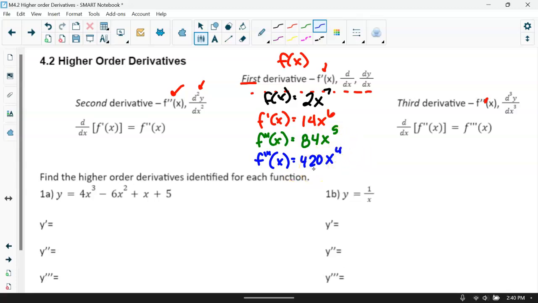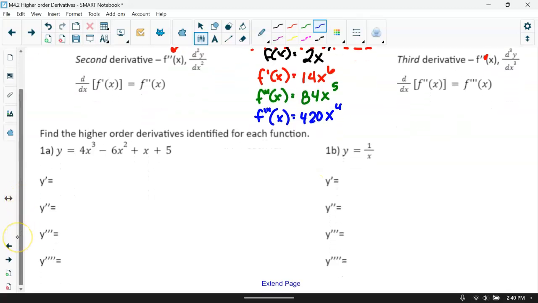So this is our higher order derivatives, where you start with the original and just keep on going. Here, just to practice, it's the same rules. If we're adding and subtracting and finding the higher order derivatives of these functions, we take each of our terms one at a time, separated by addition and subtraction.